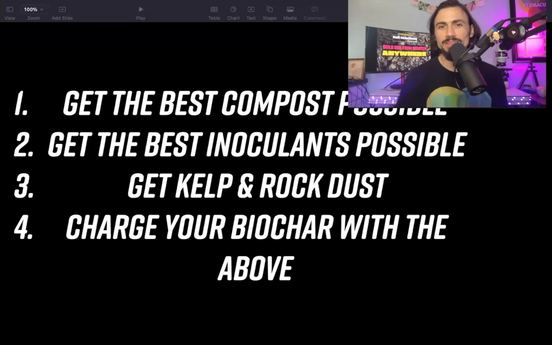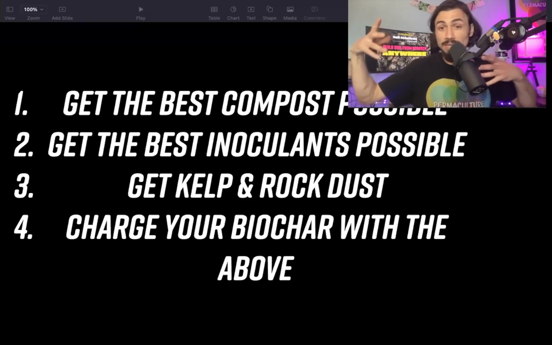So that goes with everything. That's a great general rule of thumb. So get the best inoculants possible, spike your compost because the compost does not have everything that plants need. It's just really important to understand that. And get kelp and rock dust, just like with the compost tea recipes where Elaine Ingham's adding the kelp, she's adding the fish emulsion, which have all the nutrients in them.